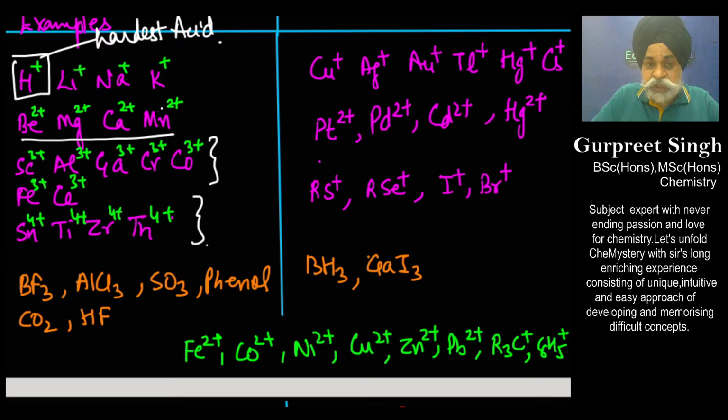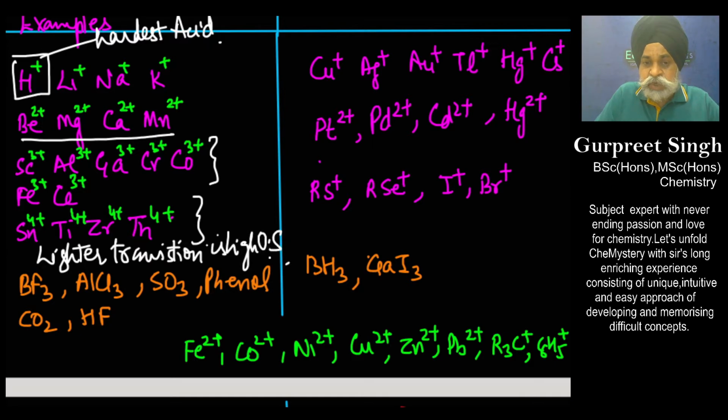So in simple words, what you have to remember: lighter transition elements in higher oxidation state would fall under the category of hard acid, as simple as that. Lighter transition elements like scandium, chromium, cobalt, iron in higher oxidation state, +3 or +4, tend to behave like a hard acid.